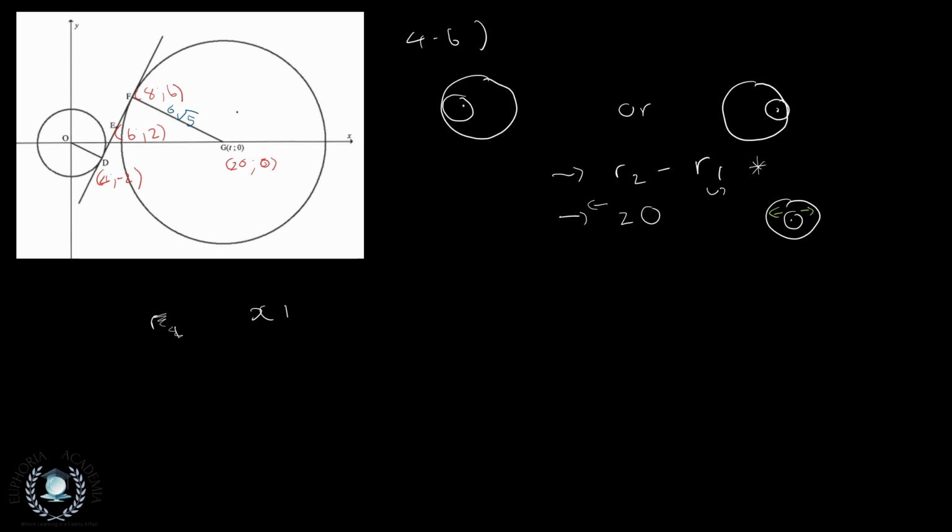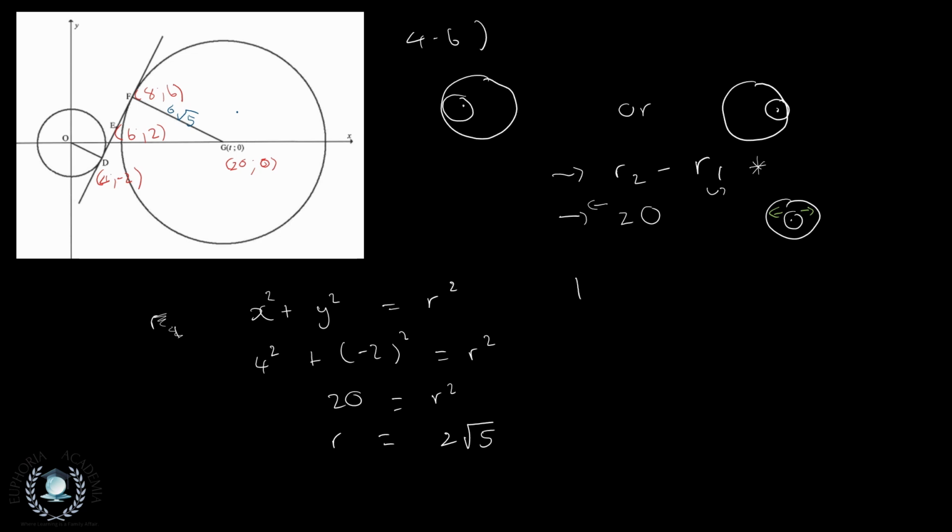We can see that x squared plus y squared is equal to r squared, and we will just substitute the point D that we calculated in the first question: 4 squared plus (minus 2) squared is equal to r squared, and we will find that 20 is equal to r squared, and r is equal to 2 multiplied by the square root of 5.